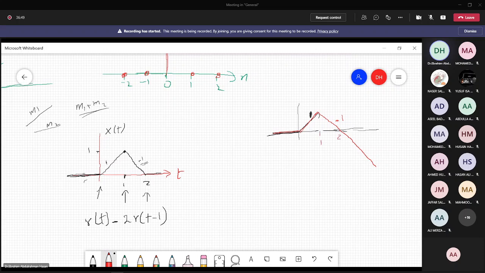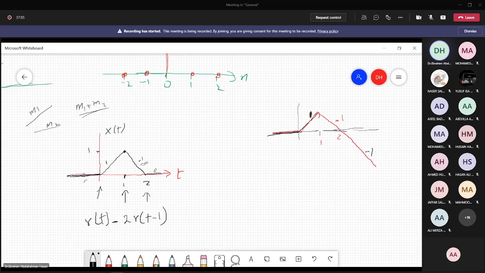Now, after 2, I need a slope equal to 0. So I need to add a positive line here to cancel the effect of this. This is a line with slope -1.